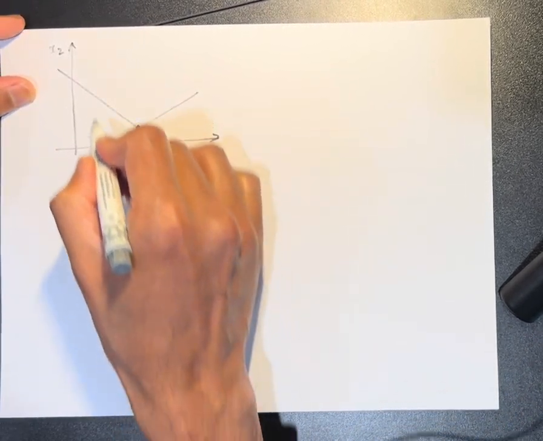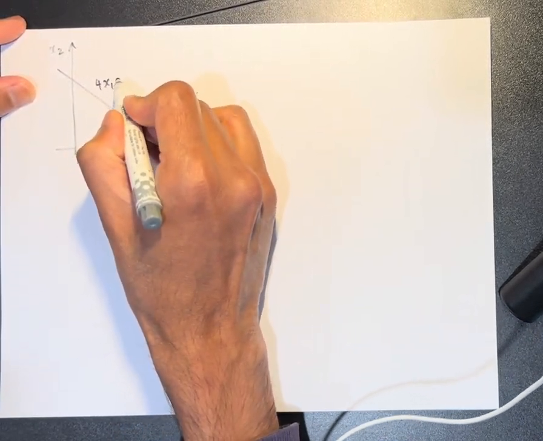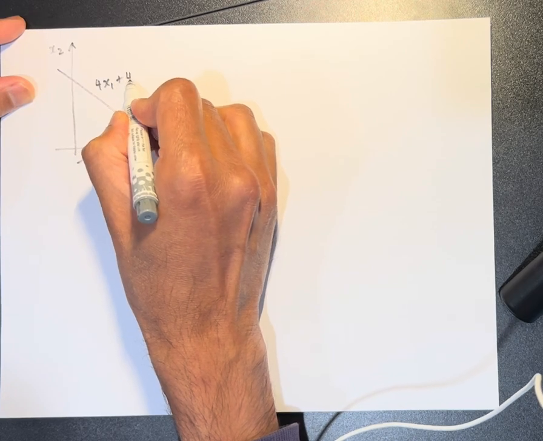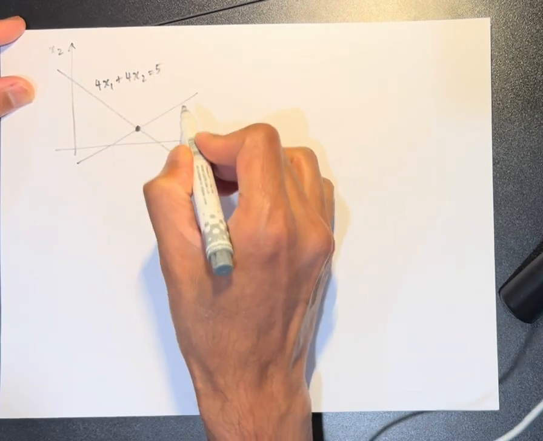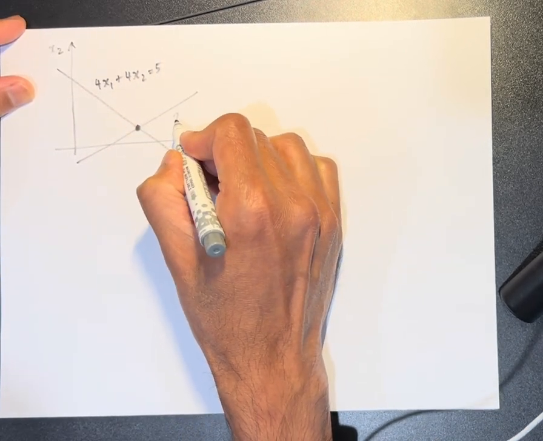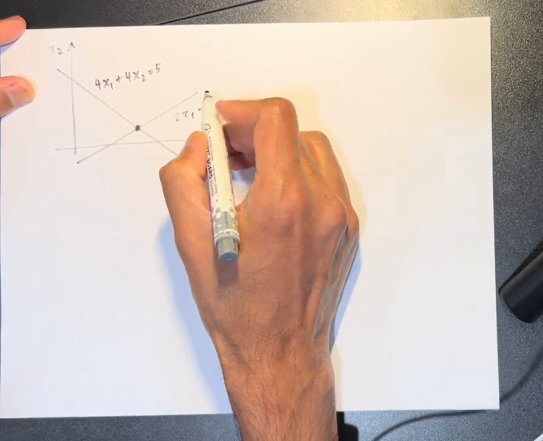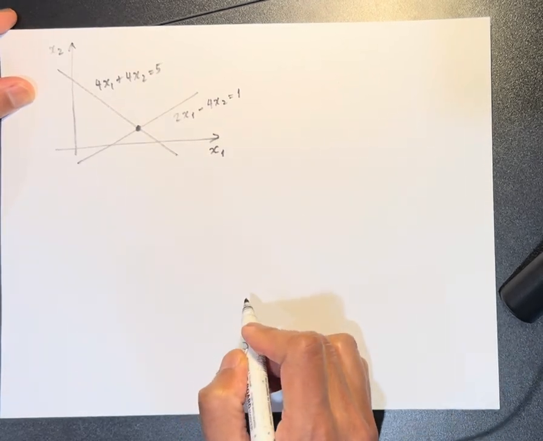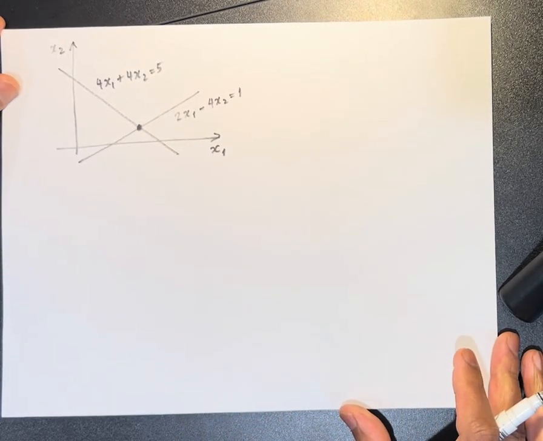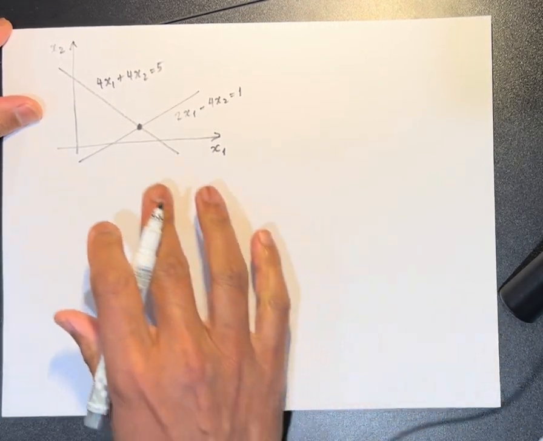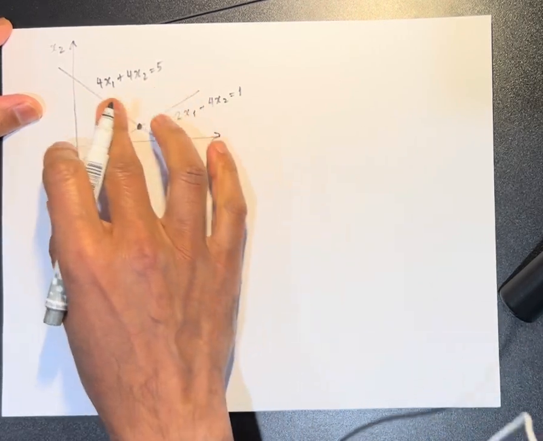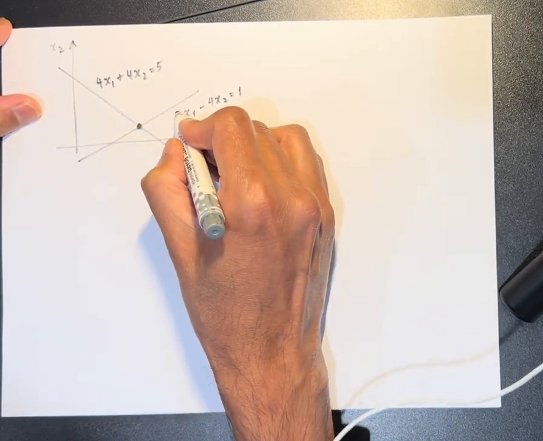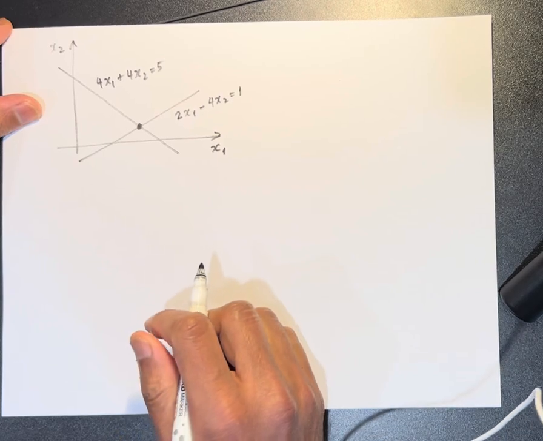And this one is 4x1 plus 4x2 equals 5, and this line is 2x1 minus 4x2 equals 1, right? And then we know from high school level math, we can solve these. They are called simultaneous equations, which is the same as the system of linear equations, right?